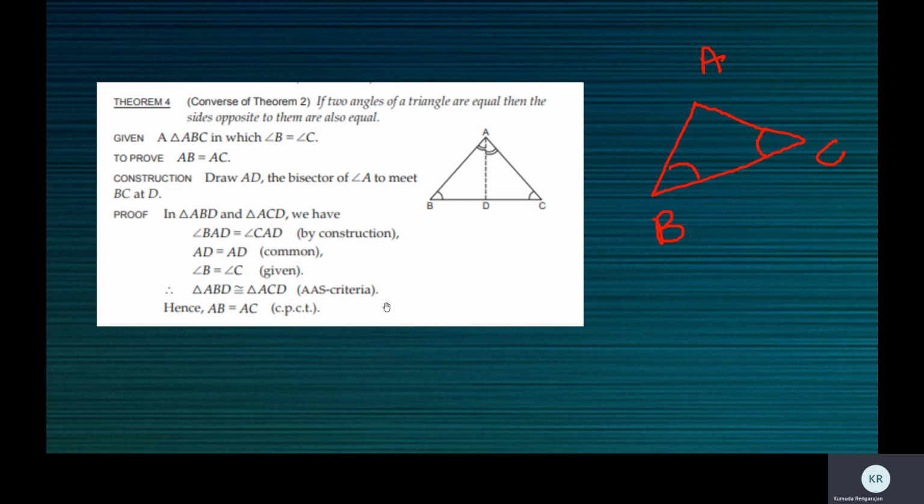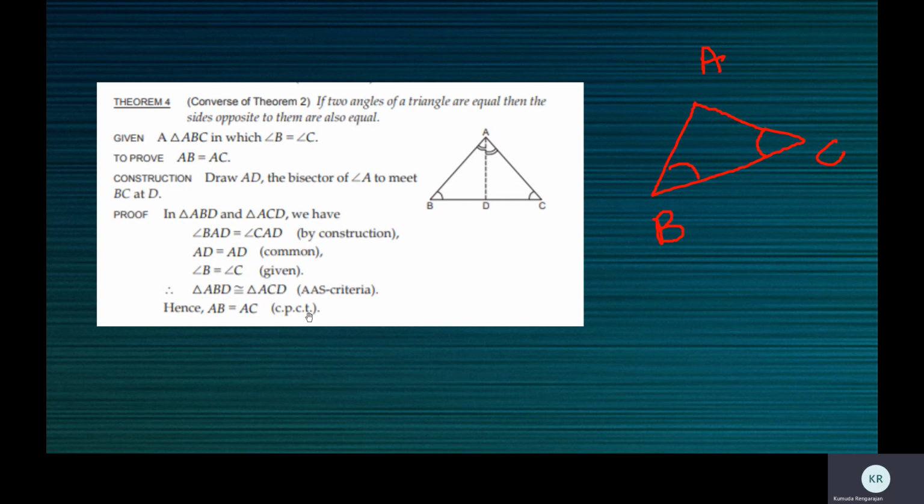When two triangles are congruent, their corresponding sides are equal and corresponding angles are equal. So we have to prove that AB is equal to AC. You can see here, side AB is equal to side AC.